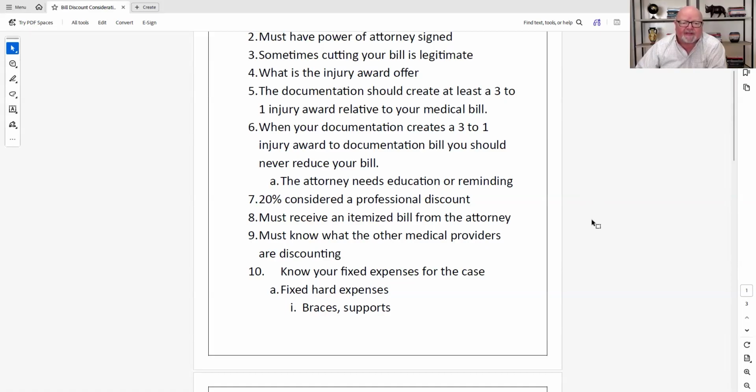So you must receive an itemized bill from the attorney. I want to know what everybody else is cutting. Now, I'm not paying attention to the attorney. A lot of times you go, well, what's the attorney cutting their bill? That's not it, and again, it depends on the relationship with the attorney.